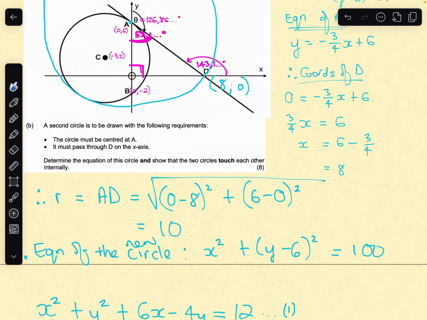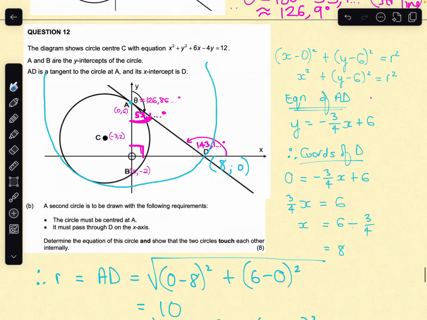So if you have the two circles and you subtract this radius from this radius, and also you work out the distance between these two, then we find that that distance is 5 because it's the radius of the smaller circle.